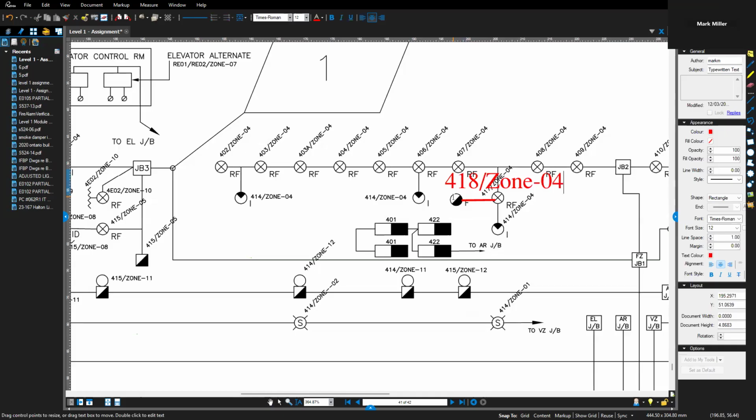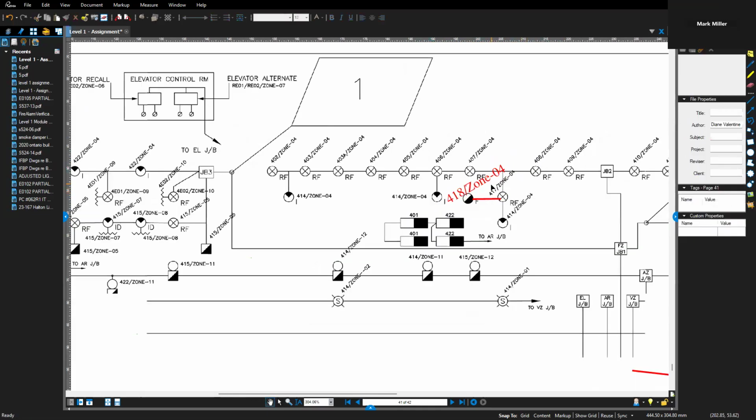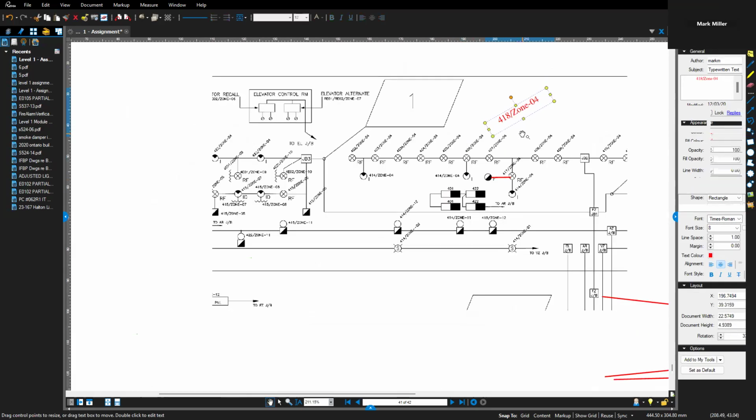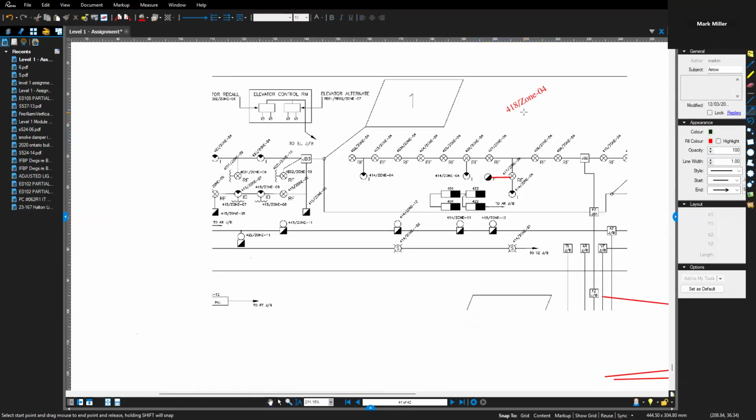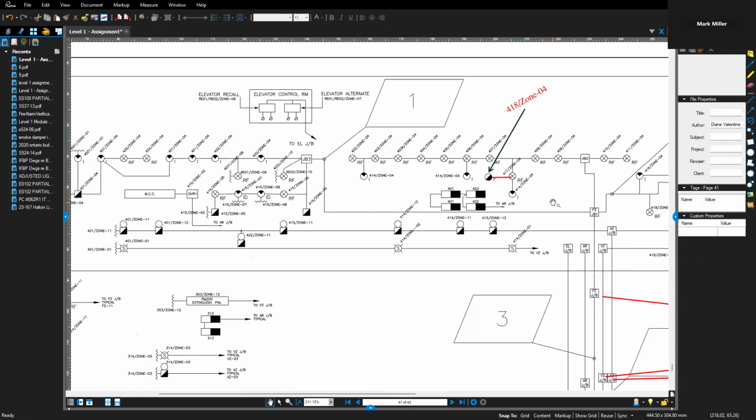Definitely want to make that a smaller font, and we're going to knock it a little bit crooked to make it cool like everything else. There we go. Or I can just draw an arrow over to it. Right? So long as it's as neat as you can make it.